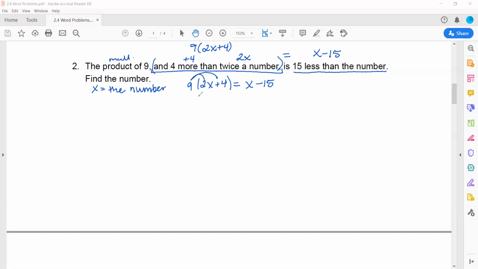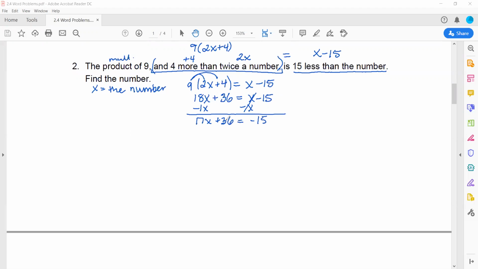And now if we go ahead and start solving this, we want to distribute first. So 9 times 2x is 18x, plus 9 times 4 is 36, equals x minus 15. I'll go ahead and move all the variables to the left first, so I'll subtract x. 18x minus 1x is 17x, plus 36, equals negative 15.